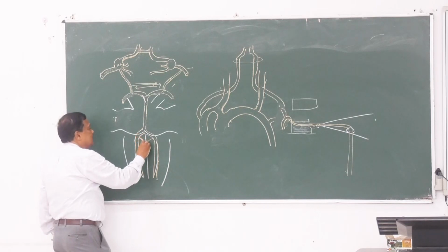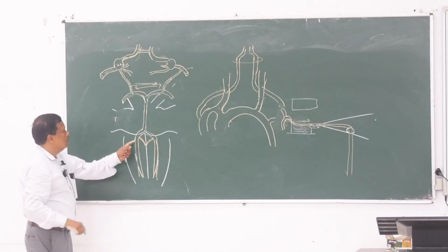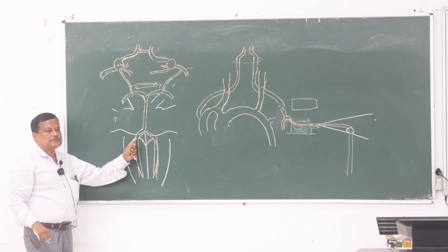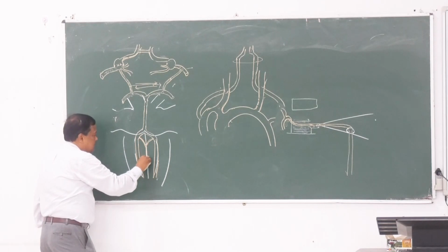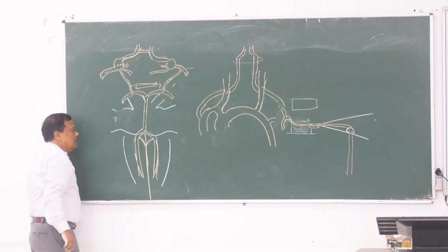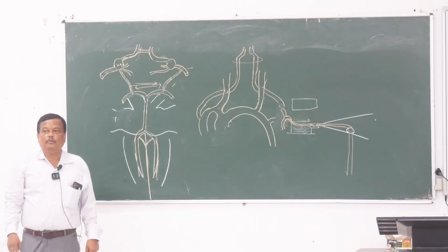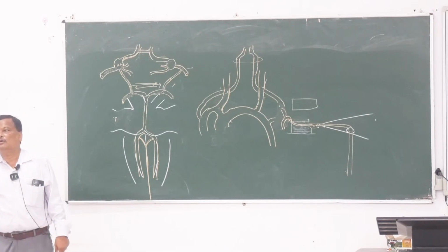Two anterior spinal arteries arise from the two vertebral arteries, right and left, and they join in the midline and make a single trunk and proceed to the anterior median fissure of the spinal cord.